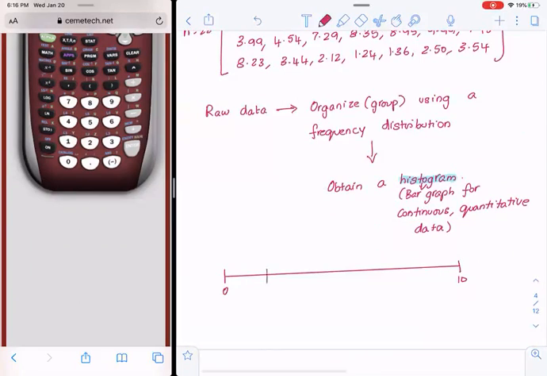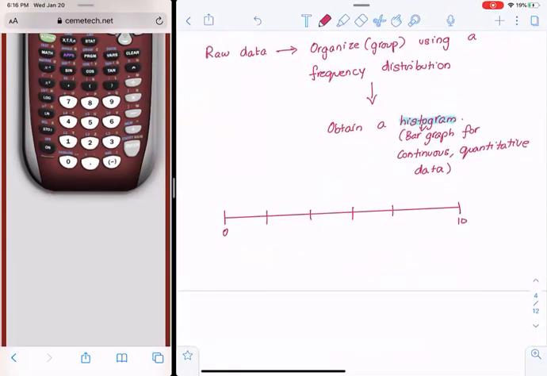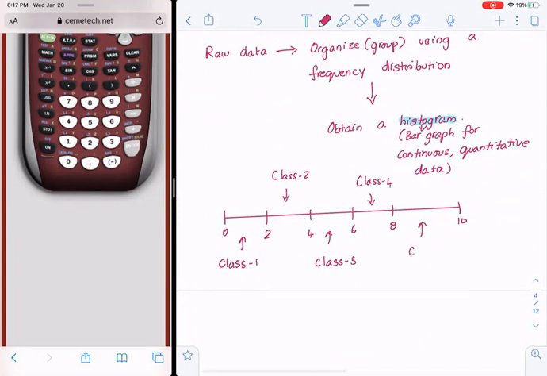So let's say I just want to form 5 different pieces, and each interval, so we have 2, 4, 6, and 8. So that would become class 1, class 2, and class 5. So we have 5 different classes.